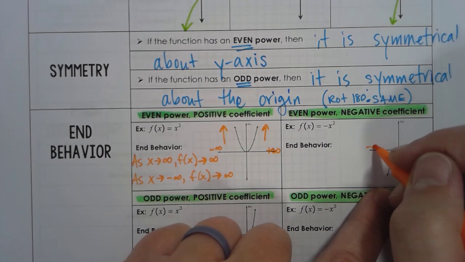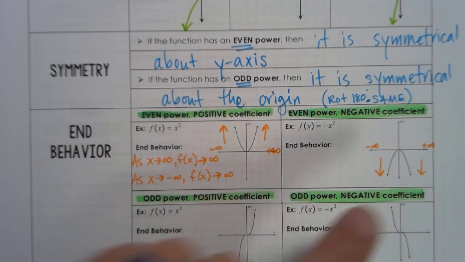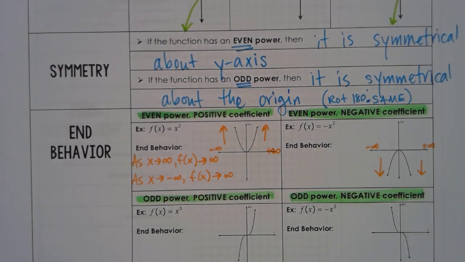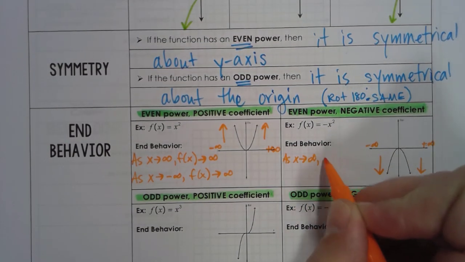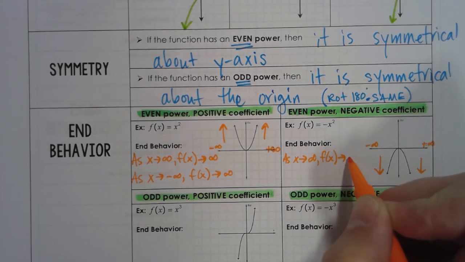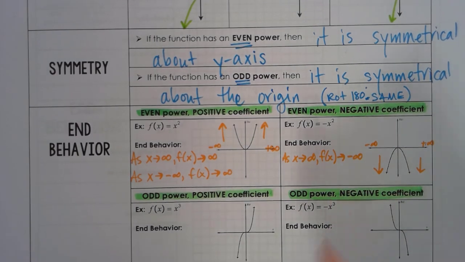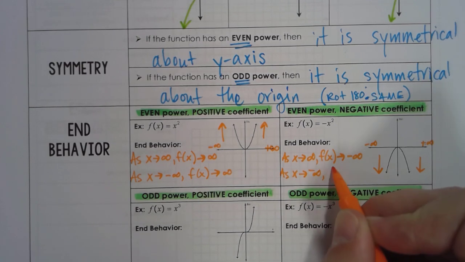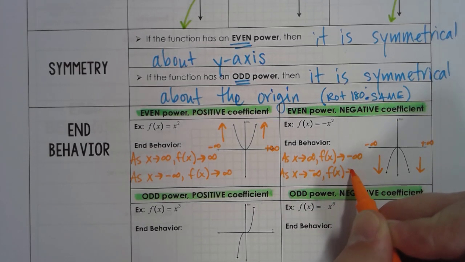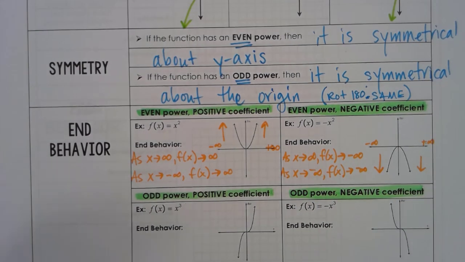And on the other side, as x gets smaller, our function is going down as well. So both ends of our function are going down. A negative in front and an even power. As x goes towards positive infinity, our function goes down to negative infinity. As x goes smaller to negative infinity, our function goes down as well.